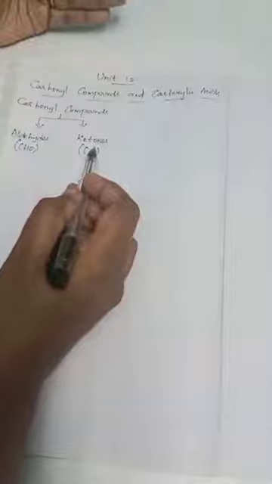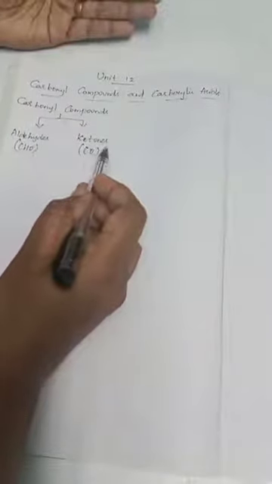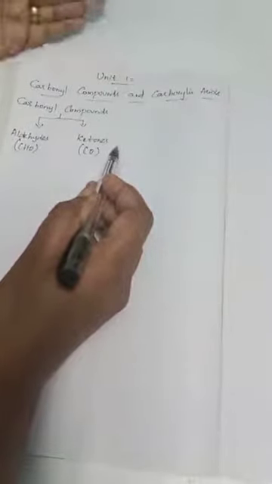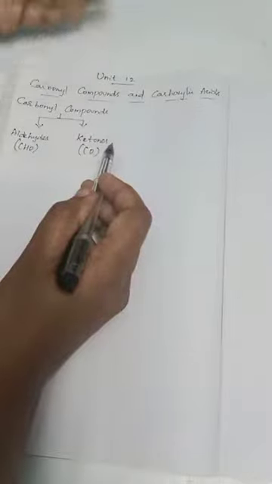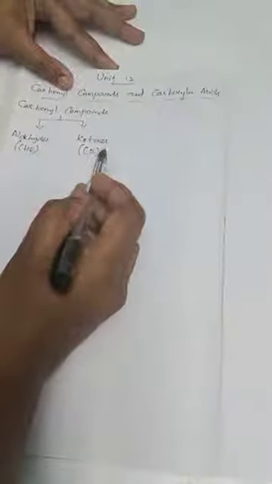Now, in the previous classes, we have completed preparation of aldehydes and ketones. There are two kinds of properties, physical properties and chemical properties. Physical properties of aldehydes and ketones we have completed. Further, at present we are discussing the chemical properties.